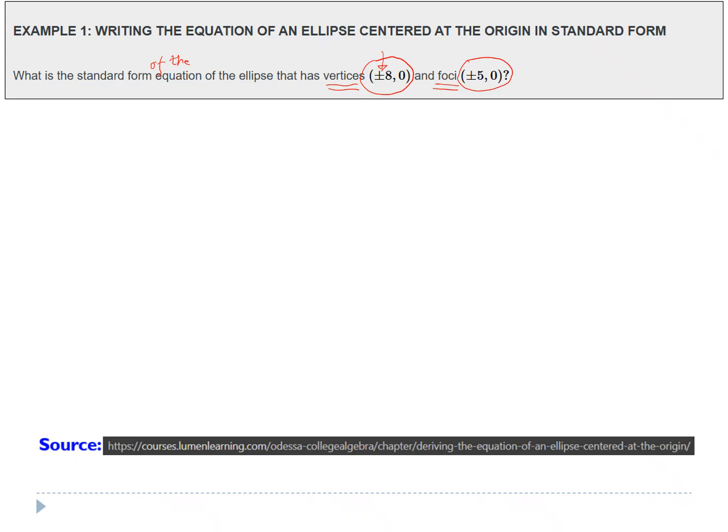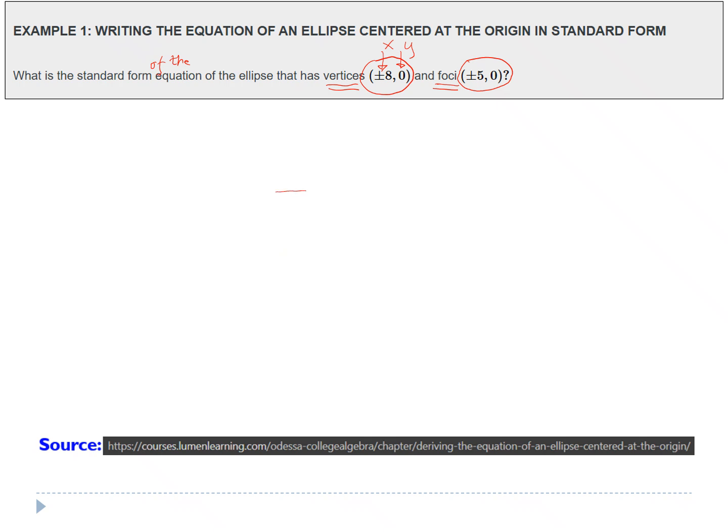This is the abscissa and this is the ordinate. Since this is the abscissa, the x value, which is positive and negative 8, we can say that the major axis lies on the x-axis.